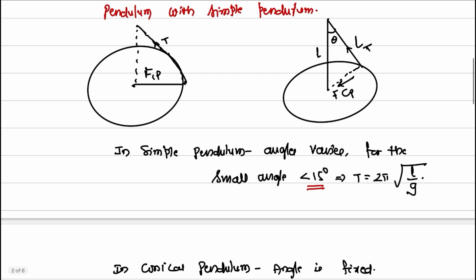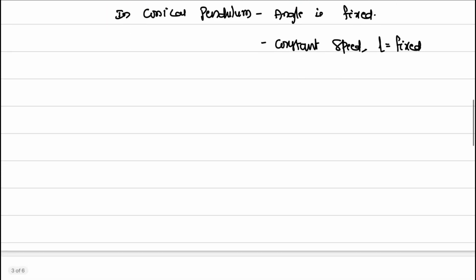Here the tension, the horizontal component of this tension, is this way. The horizontal tension and the horizontal centripetal force make this mass undergo circular motion in the horizontal plane. Now, we have to derive.